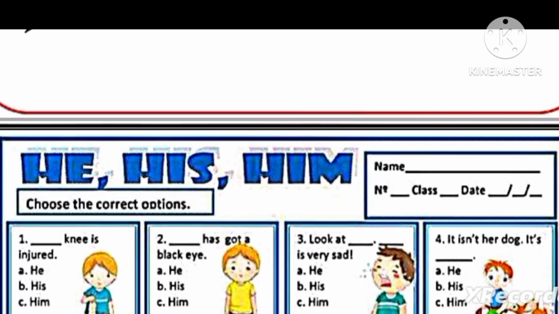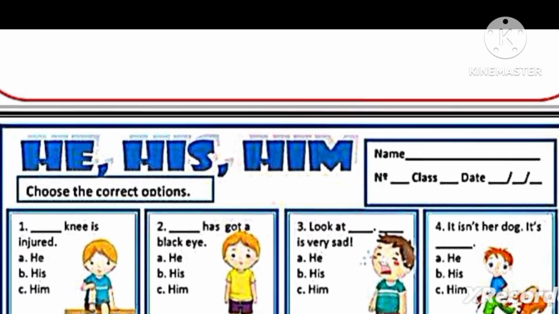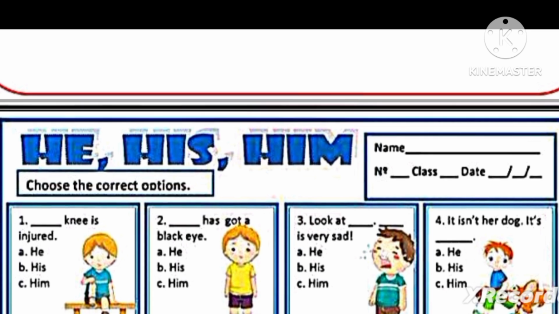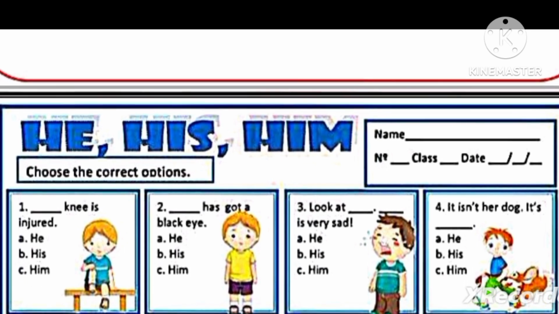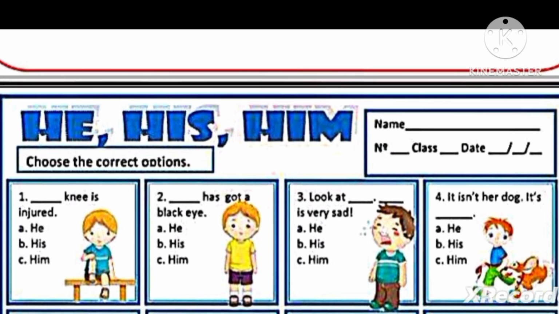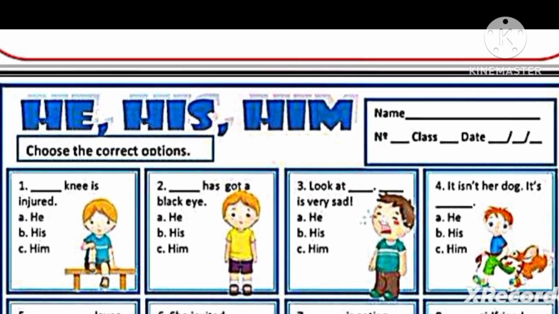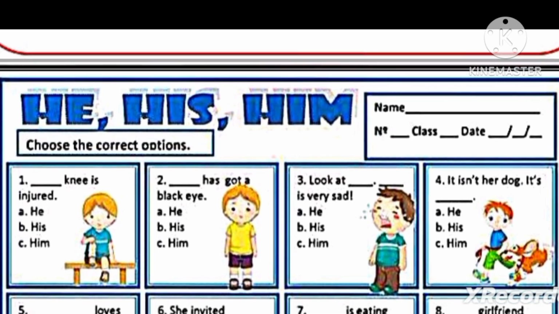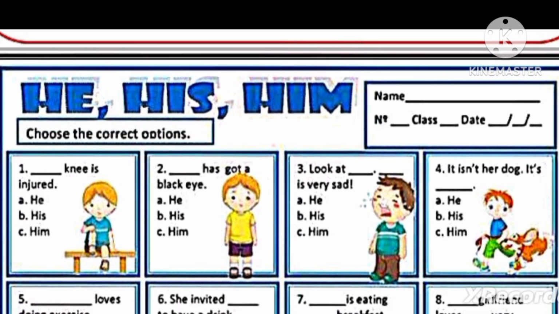He, his, him. Choose the correct options. His knee is injured. He has got a black eye. Look at him. He is very sad.